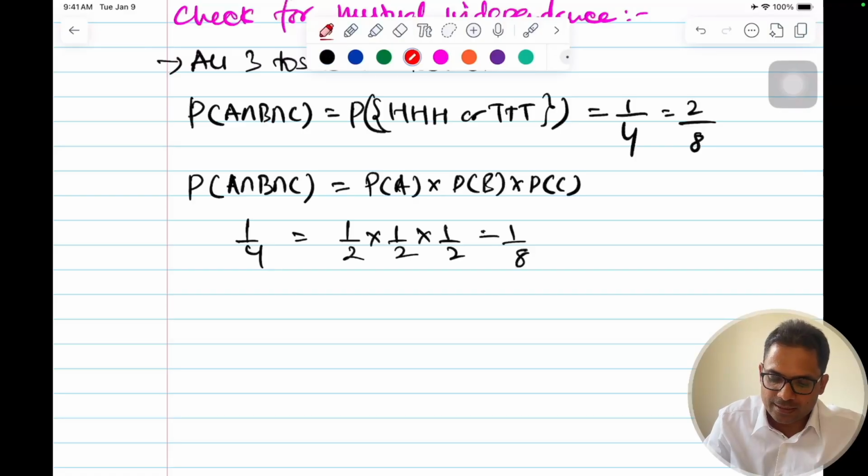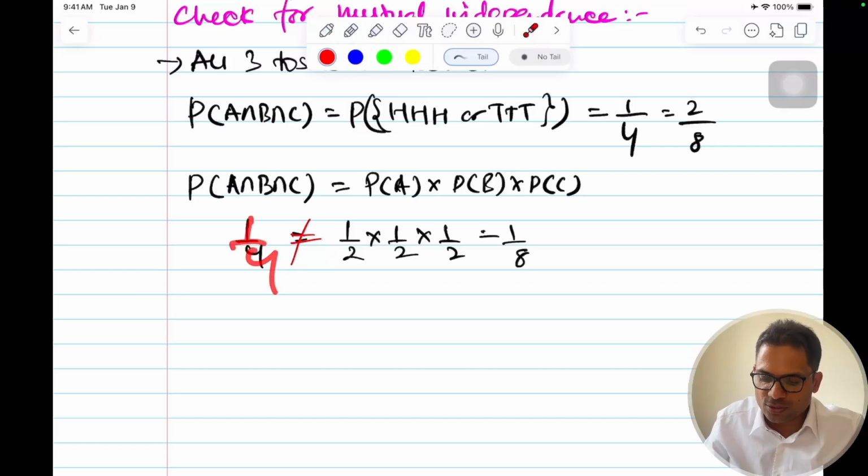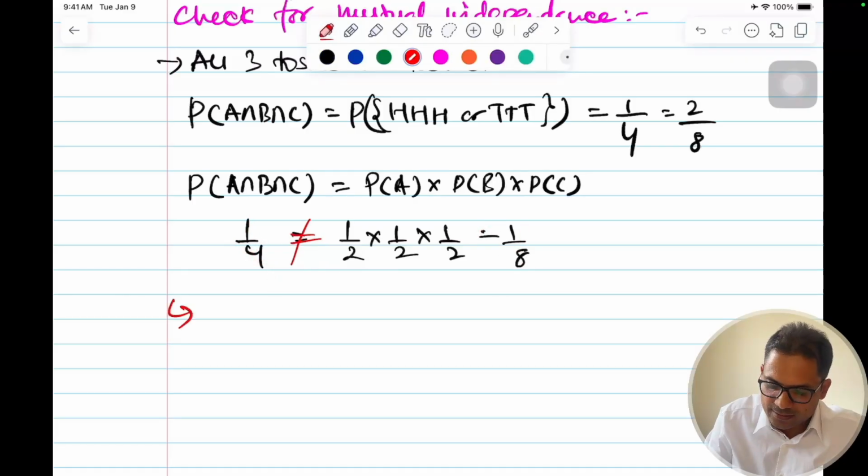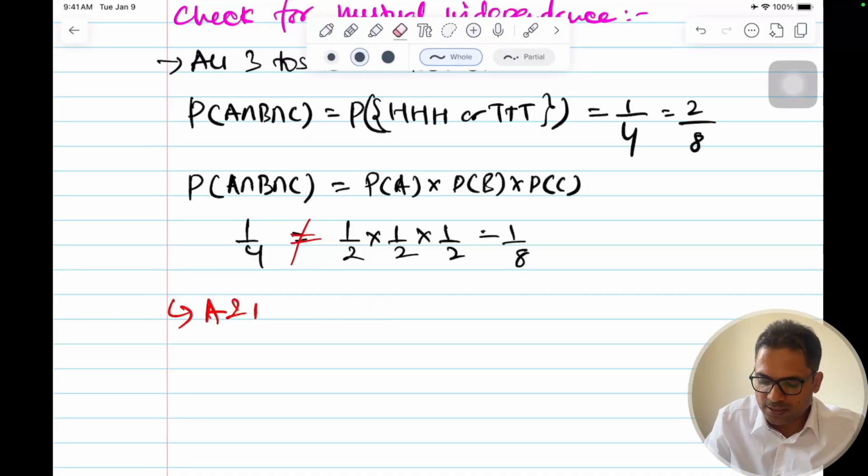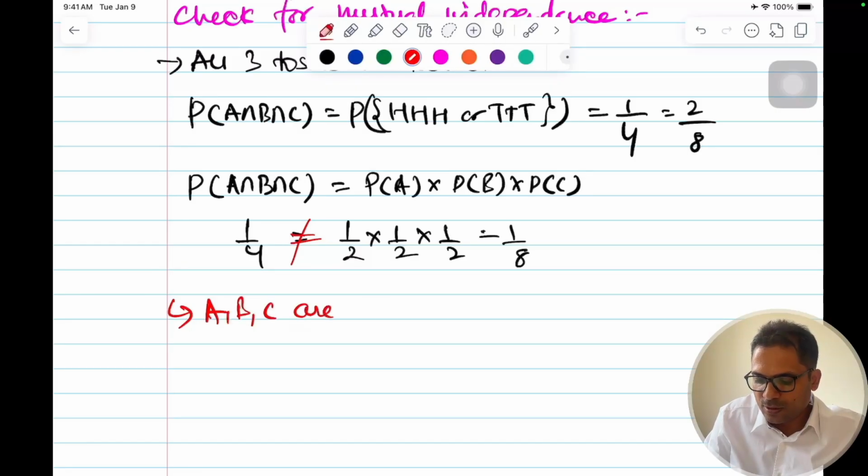So 1 by 4 is not equal to 1 by 8. So we can say that A, B, C are not mutually independent, but they are pairwise independent.